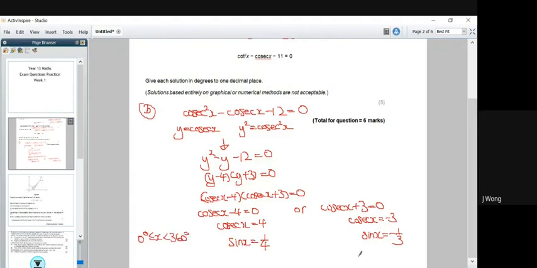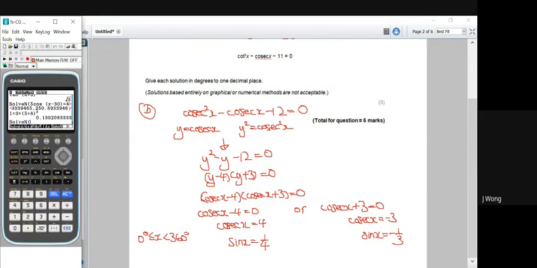Bear in mind, we're trying to solve this equation from 0 to 360, and we try our best to find all the solutions. Here we will be using the calculator's solving function. I know they say you shouldn't be using graphical or numerical methods, but here they can't really tell.